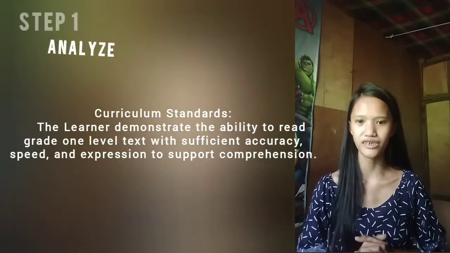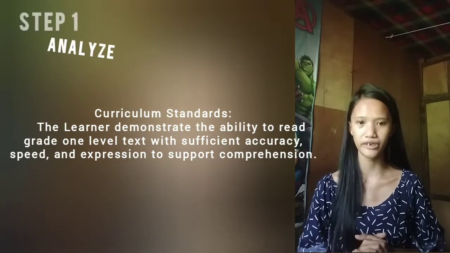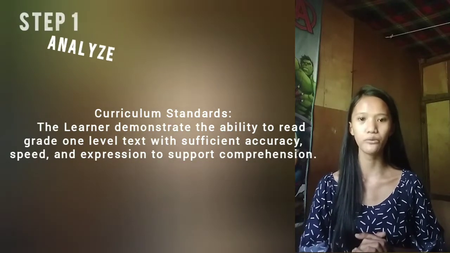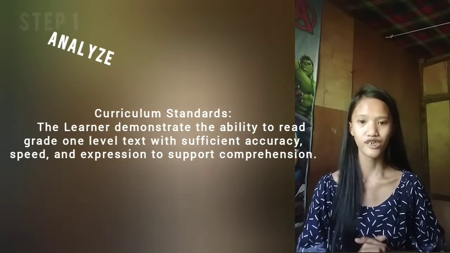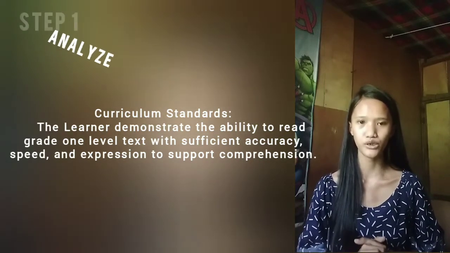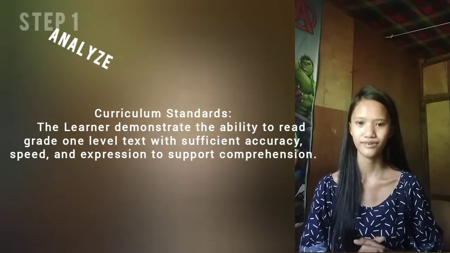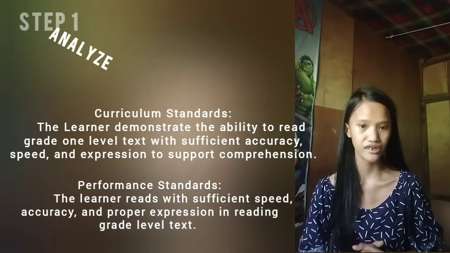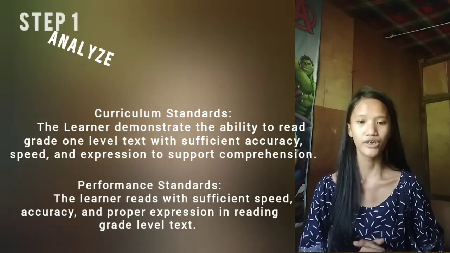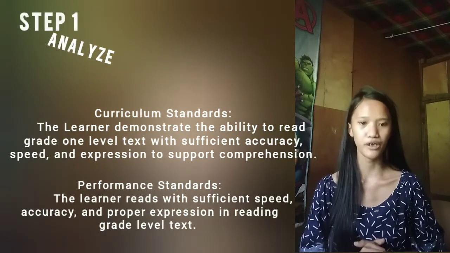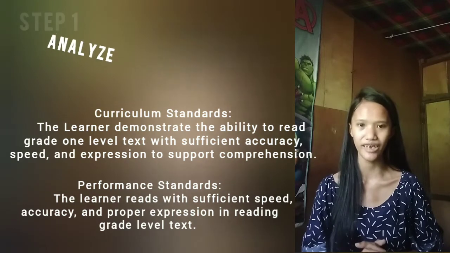Curriculum standards: the learners demonstrate the ability to read grade 1 level text with sufficient accuracy, speed, and expression to support comprehension. Performance standards: the learners read with sufficient speed, accuracy, and proper expression in reading grade level text.